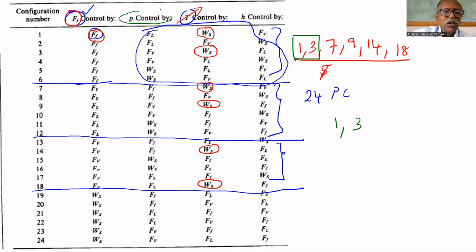For pressure control, here liquid flow rate is used. Here, for pressure control, vapor flow rate is used. If you consider that pressure, vapor flow rate will be better impact, because liquid flow rate has indirect effect. If you increase the liquid flow rate, level will decrease.